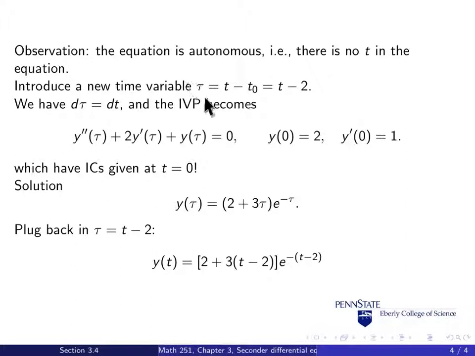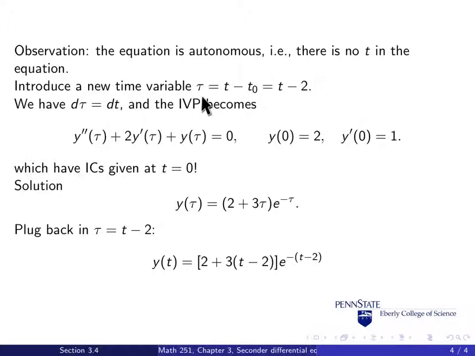So in that case, we can introduce a new time variable. Let's call it tau, and set it to be t minus t naught, where t naught is where the initial value is assigned. Here it will be t minus 2. Since tau is nothing but t minus a constant, you can think of it as a time variable, where you shift the time 2 units.